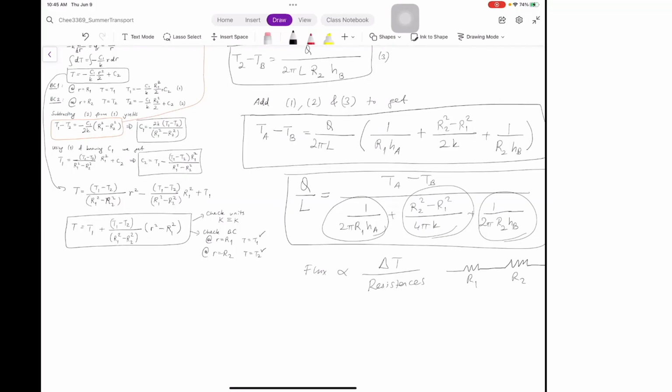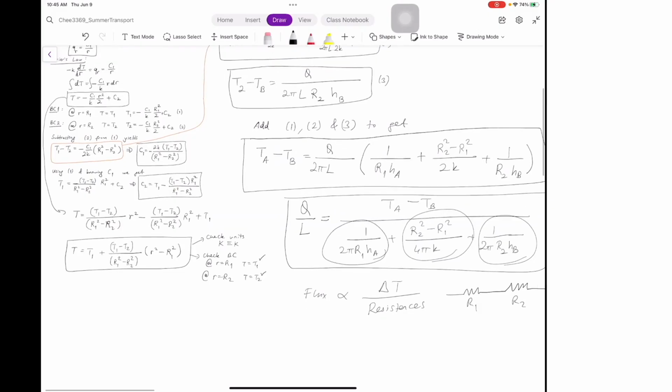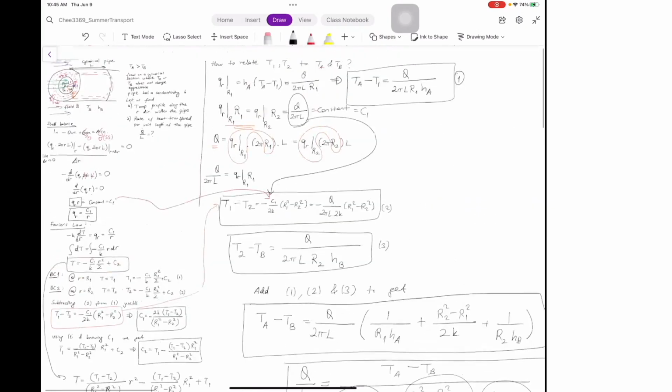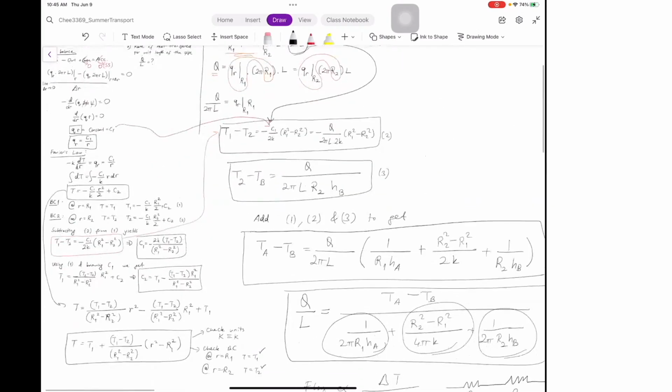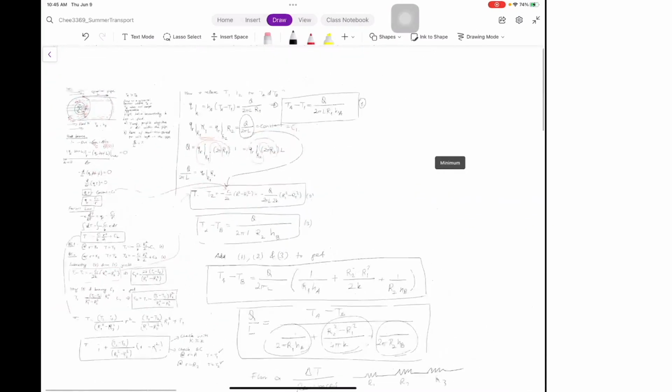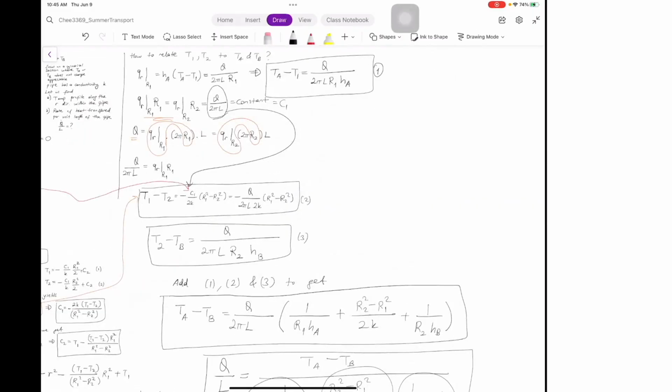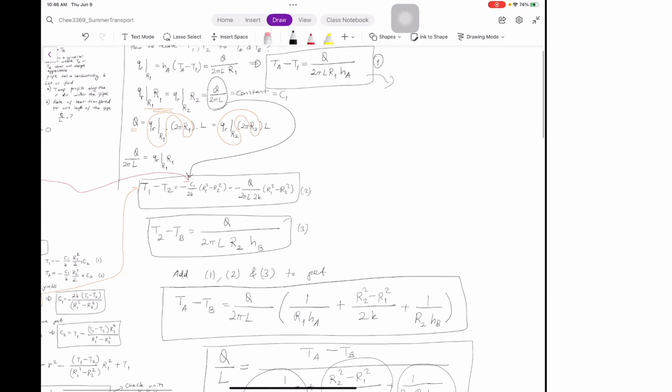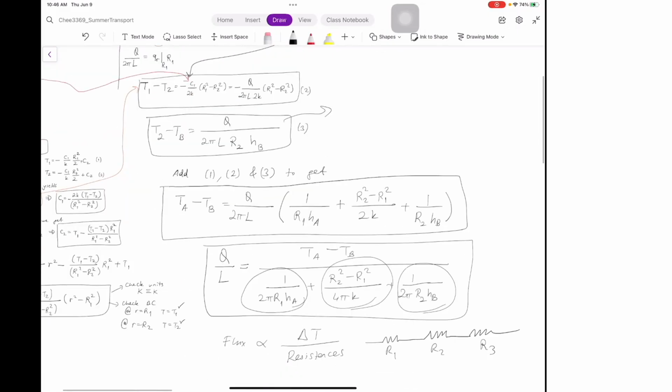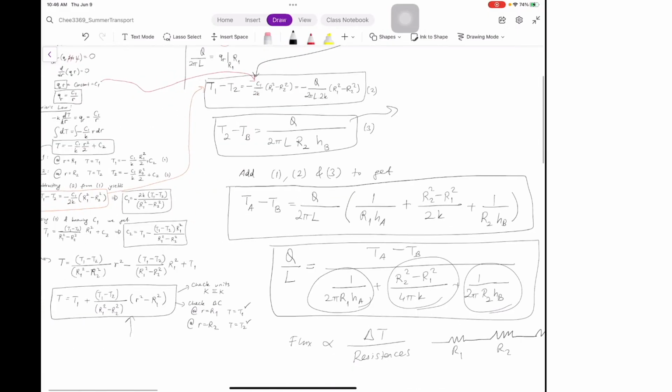and TB, right? And what comes to the rescue is basically you can write down. Okay, so you can either use this equation and this equation to write the T1 and T2 in terms of TA and TB and plug into this equation, which is going to take a lot of time.